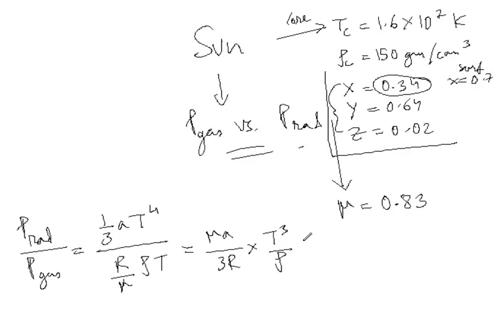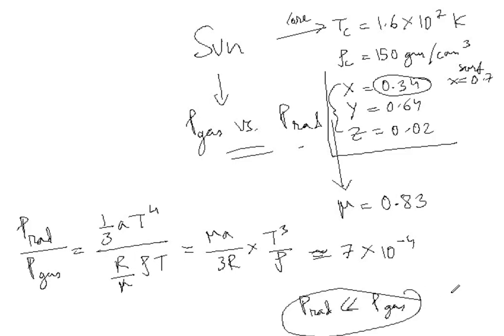If you calculate this using these values and also the gas constant R, you will see that this comes around 7 into 10 to the power minus 4. And what does this mean? This means that in the sun, radiation pressure is much less than the gas pressure. So radiation pressure is not at all important in the center of the sun under these conditions. Okay, good.